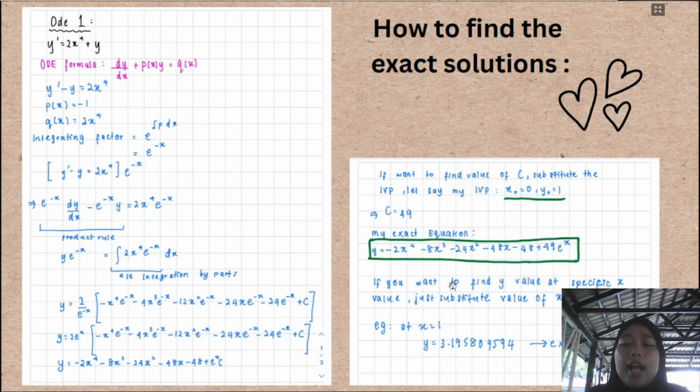If you want to find the y value at a specific x value, we just substitute the value of x that we want. For example, if we want x equal to 1, we just substitute in this equation and we get our exact value for y. So we get the exact value here and we will compare it with our code.